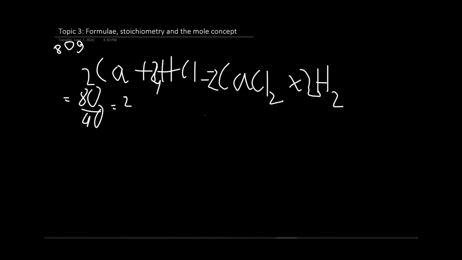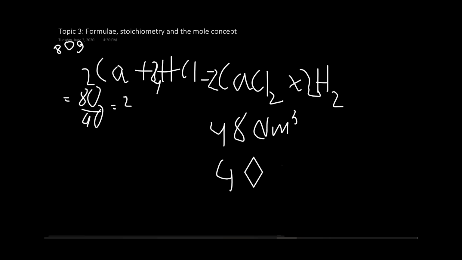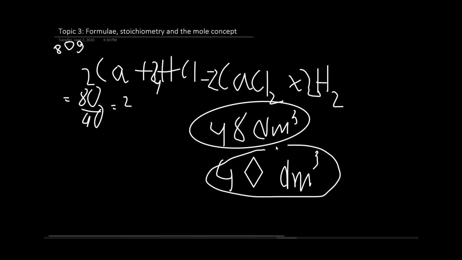You'll be getting a lesser amount than that. For instance, you might expect 2 moles of H2, or 24 into 2, which is 48 dm cube of hydrogen gas from 2 moles or 80 grams of calcium. But in reality you'll be getting a lesser volume, for instance 40 dm cube of hydrogen gas. So this is the amount you had expected, and this is the amount you have received.